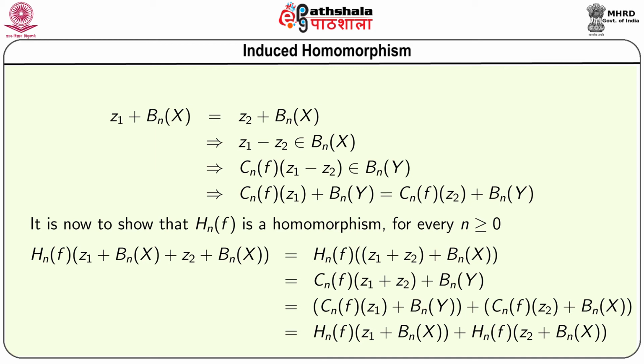So, this proves that Hn(f) is a homomorphism for every n greater than or equal to 0. So far, we have constructed successfully the homomorphisms Hn(f) from Hn(x) to Hn(y) corresponding to the continuous function f from x to y.